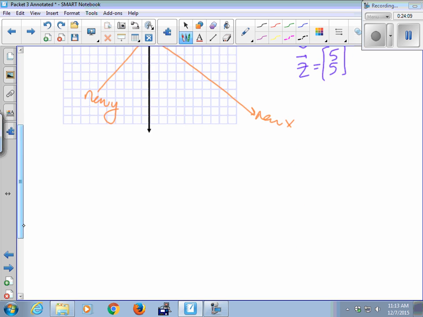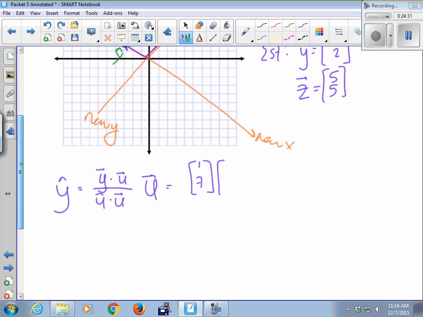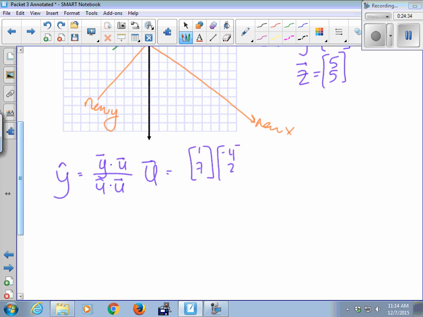All right, so y hat we calculate by doing y dot u over u dot u times u. These are all vectors. So y is 1, 7. U we were given, it was negative 4, 2. Over negative 4, 2 also dotted with negative 4, 2. So this fraction should come out to a scalar, right?